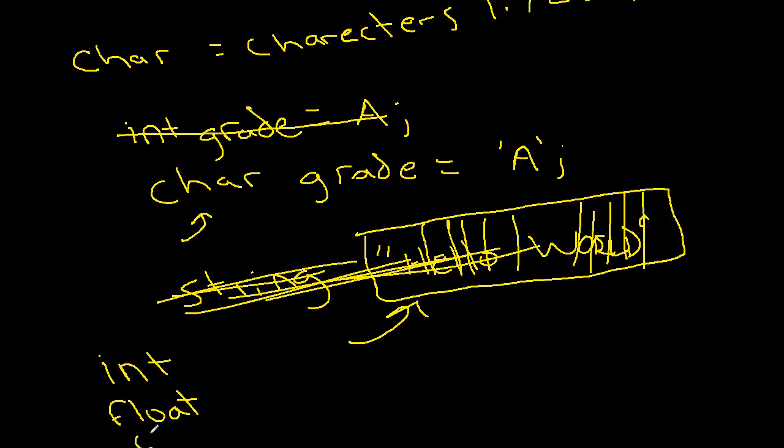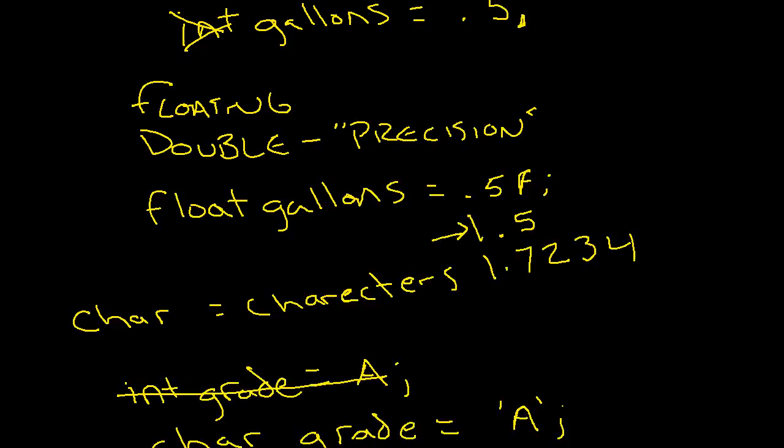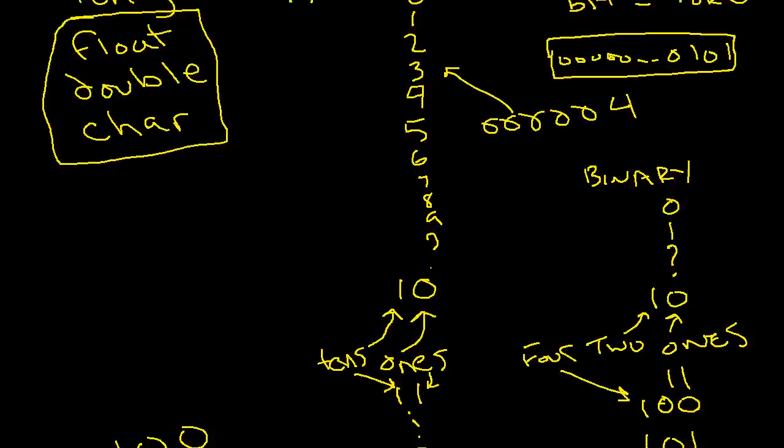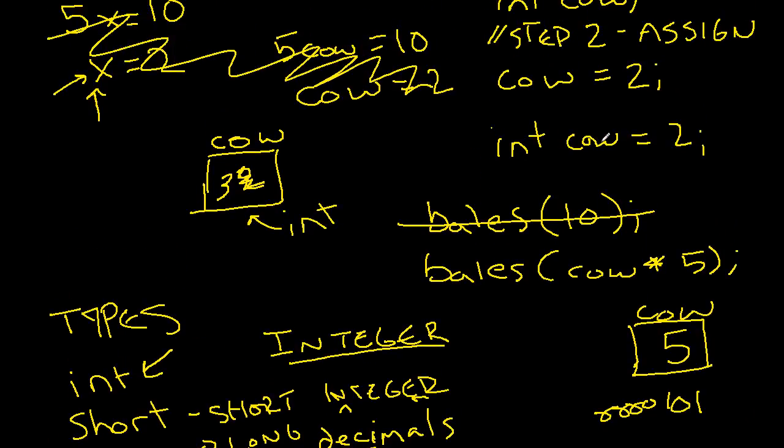And if we want to use letters, alphanumerics, we should use char or a character. And we have to declare our variables explicitly when we declare them. We have to declare the type that they are, right? Whether it's char grade or float gallons or int cow.